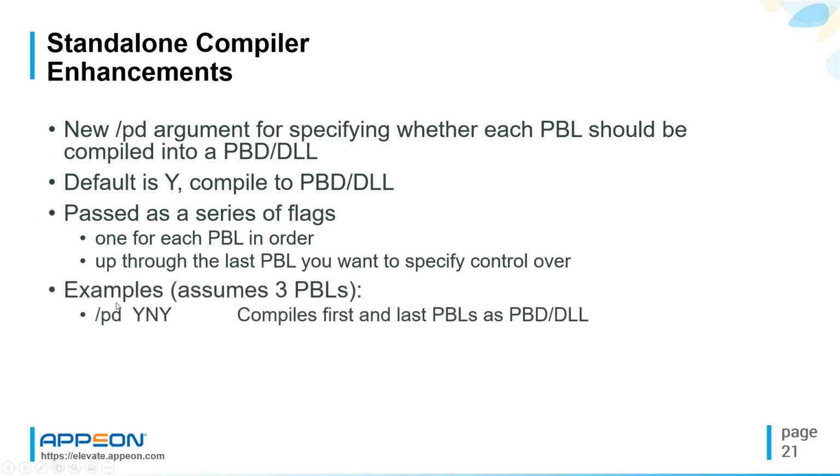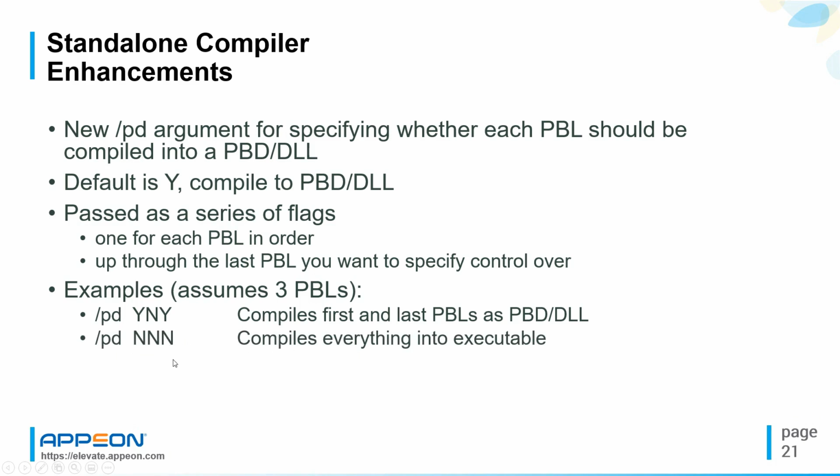Let's say I say /pd, and this is assuming I have 3 pibbles. If I say /pd y and y, then the first pibble and the last pibble get compiled as PBDs, and the second one gets included in the executable. If I say /pd no, it compiles everything in the executable.